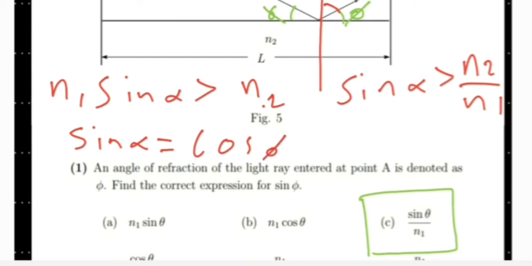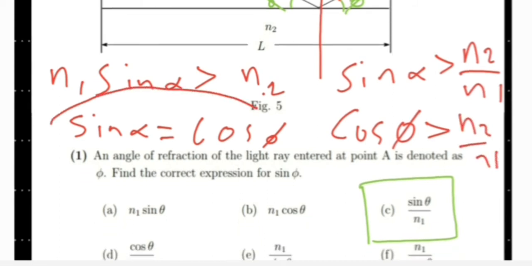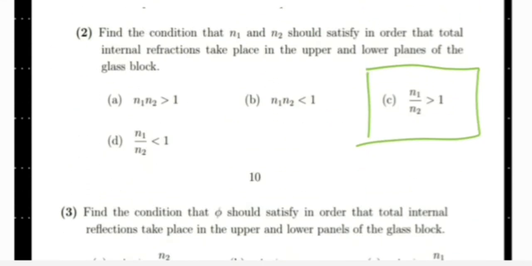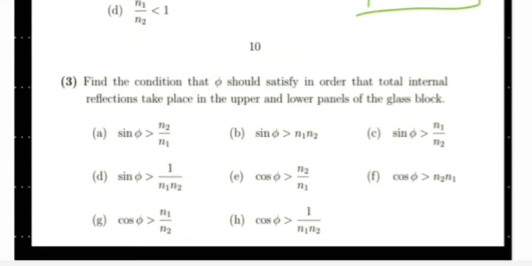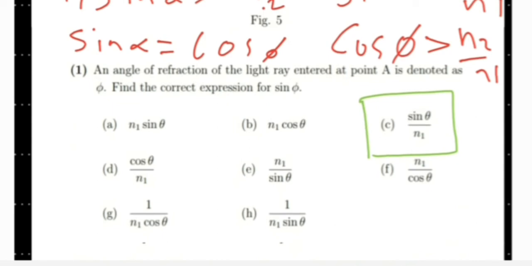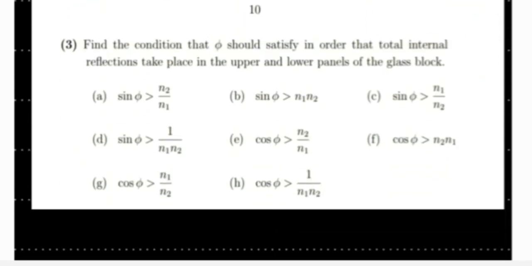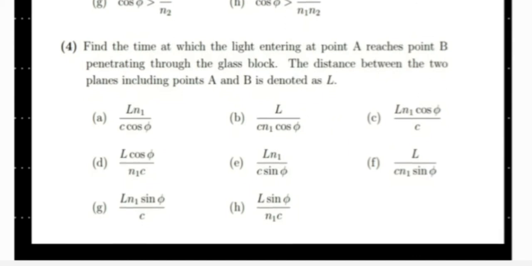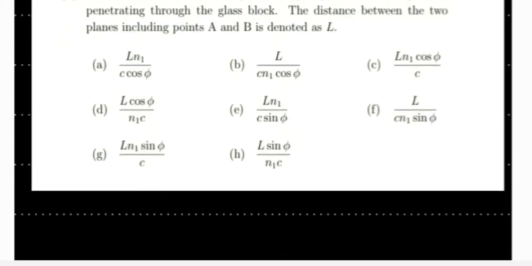So cosine of phi is bigger than or equal to n2 divided by n1.